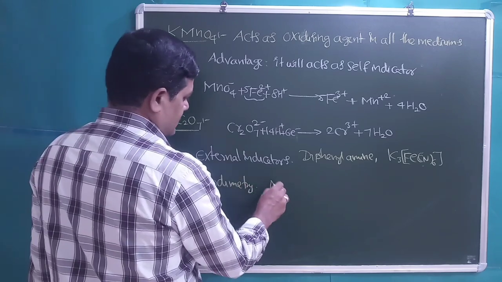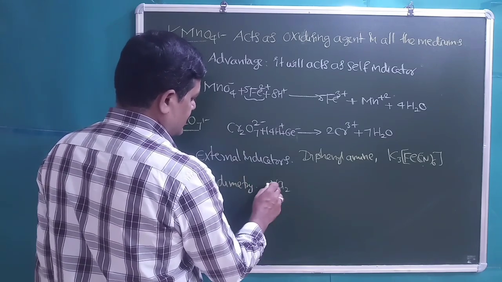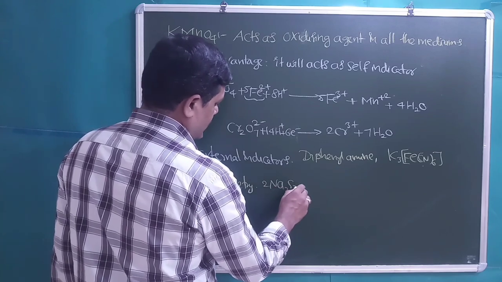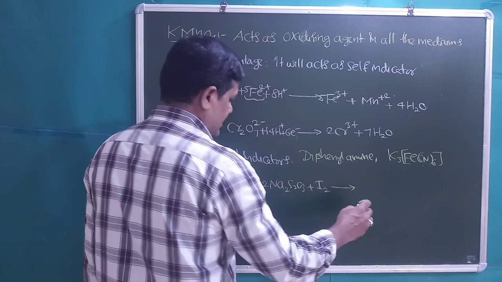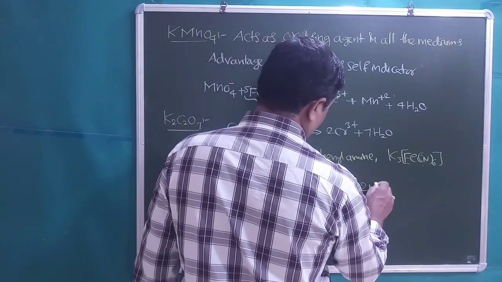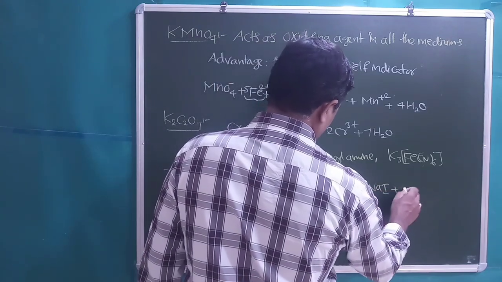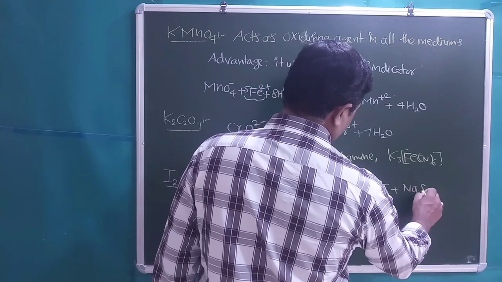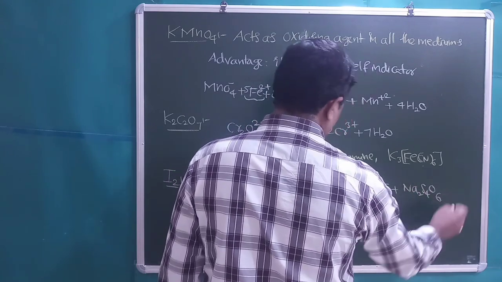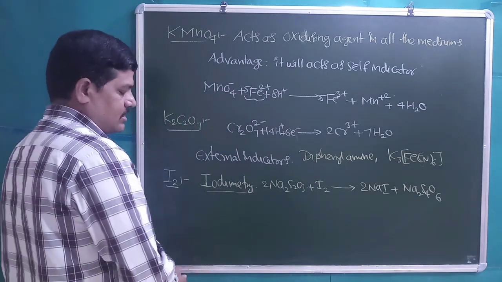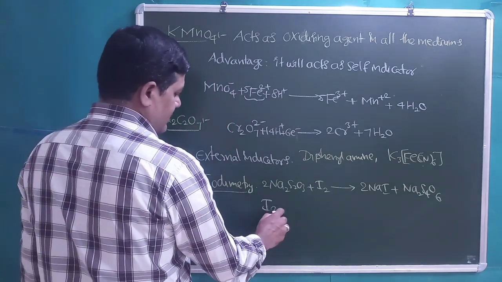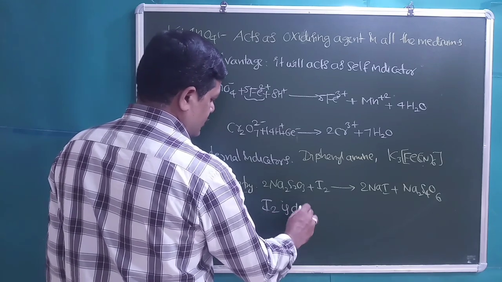That is, in the oxidation of Na2S2O3, iodine acts like an oxidizing agent which gives 2NaI plus Na2S4O6, sodium tetrathionate. If the iodine is directly used, that is called iodimetry.